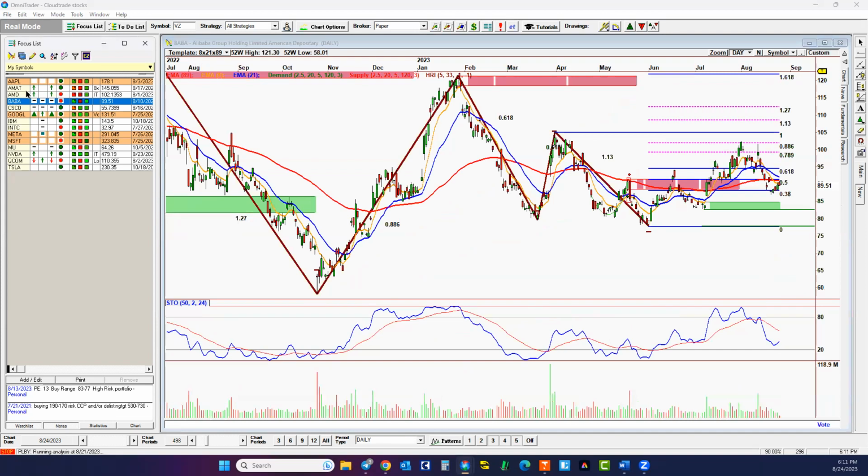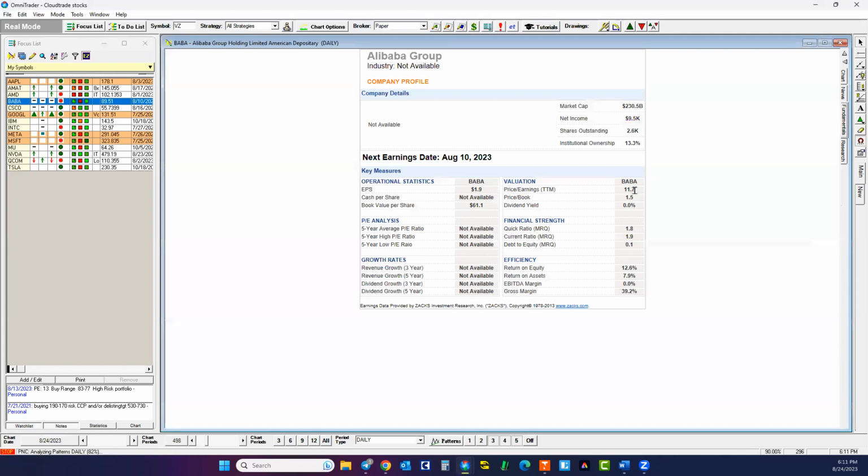Now, most of these companies are in some way related to AI. Alibaba, Chinese company, online retail, Chinese competition to Amazon. I haven't got Amazon on my list because they're just too expensive on a PE basis. If we have a look at Alibaba, they're trading on a PE of 11, which is pretty cheap for the sector.